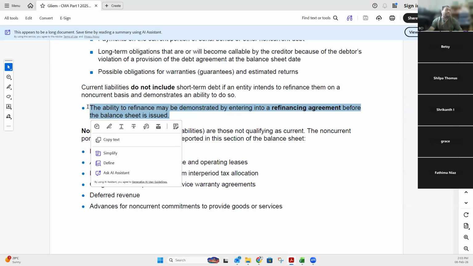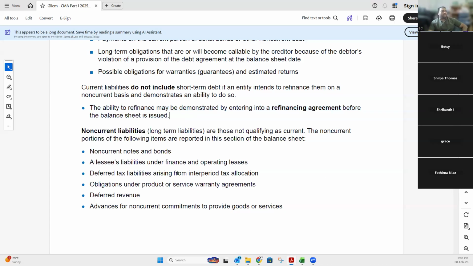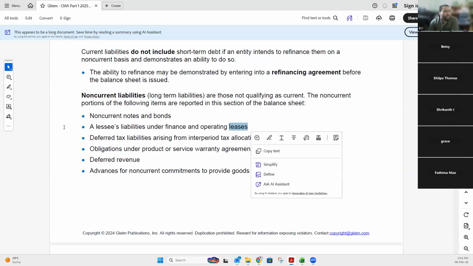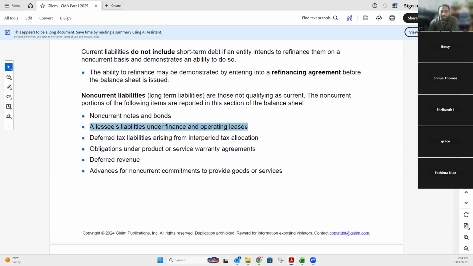Now, next, non-current liabilities or long-term liabilities are those not qualifying as current. The non-current portions of the following items are reported in this section of the balance sheet. So non-current notes and bonds. Then lessee's liability under finance and operating leases. So we call it lease liability, right? Under IFRS 16 also, we call it lease liabilities. So this is a non-current one.